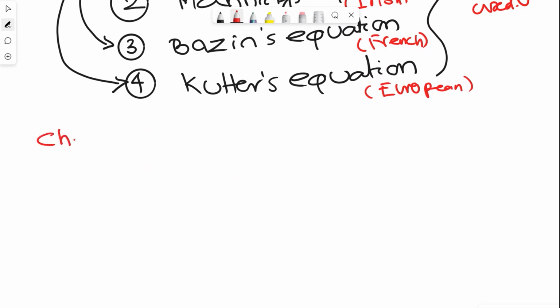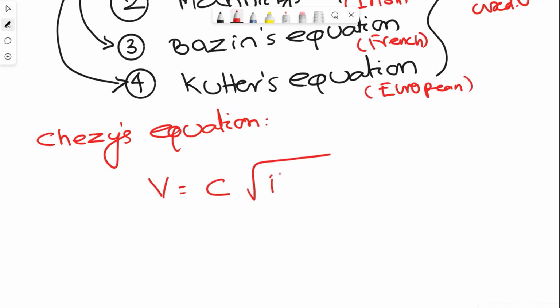What is Chezy's equation? Chezy has given an equation for velocity as V is equal to C root RS. V is the mean velocity.